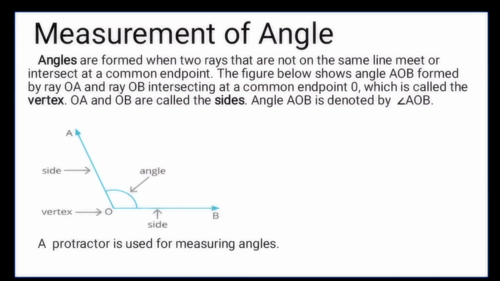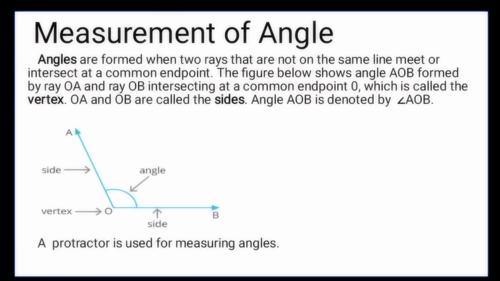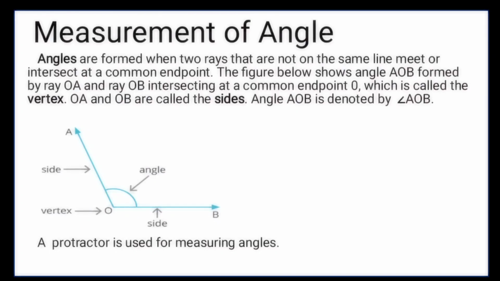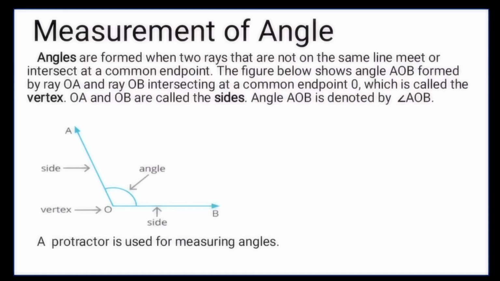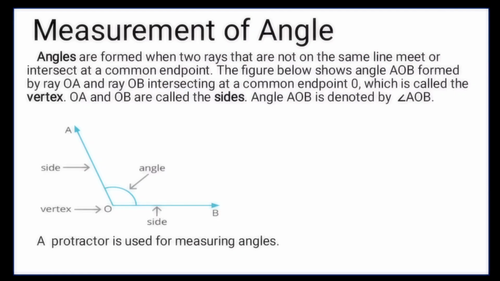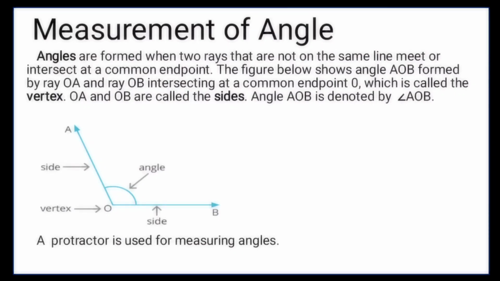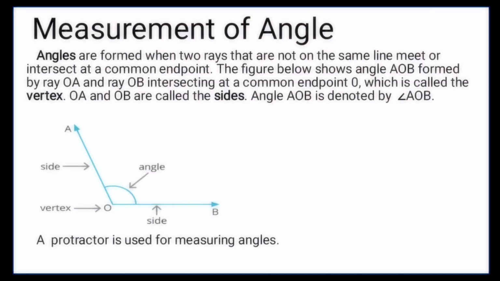It says that angles are formed when two rays that are not on the same line meet or intersect at a common endpoint. The figure below shows angle AOB formed by ray OA and ray OB intersecting at a common endpoint, which is O, which is called the vertex. OA and OB are called the sides.